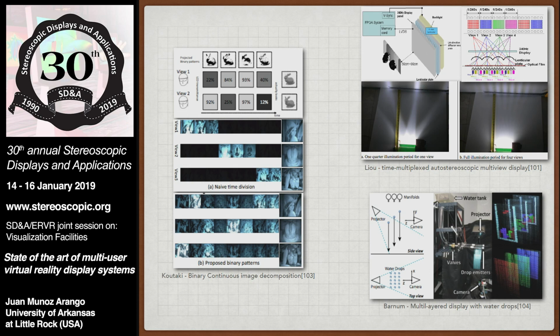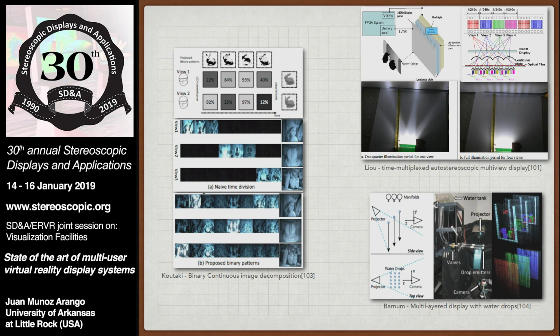Another approach by Liu and his team uses directional backlighting to selectively light certain portions of the screen and display different images through time multiplexing. Kotaki uses DLP projectors, but they don't use a complete shutter approach.